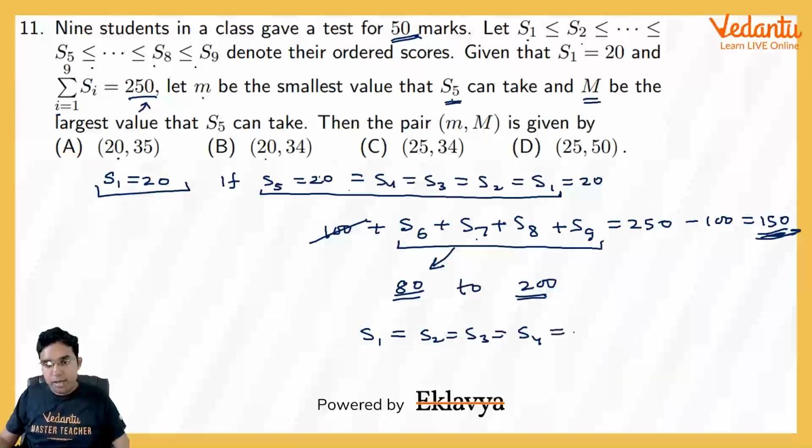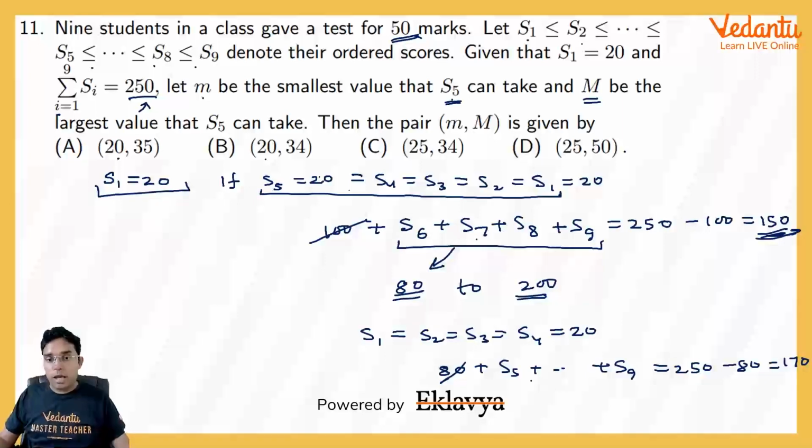So if I keep all these 4 to be 20, 20, 20, 20, their sum will become 80, and then S5 and so on till S9 sum to 250, and I keep this 80 this way, I will have this to be 170.